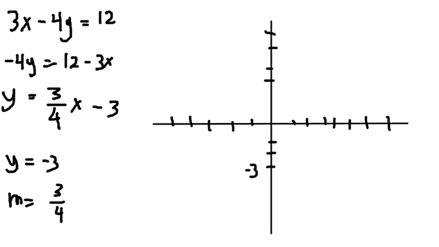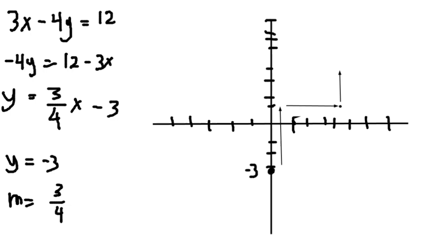I'm not going to put a number there, I'm just going to put these lines, so we can use the time well. Let's make a dot here, and then we rise 3, because the slope is rise over run, and then we run 4. So 1, 2, 3, 4. So we got this point over here.